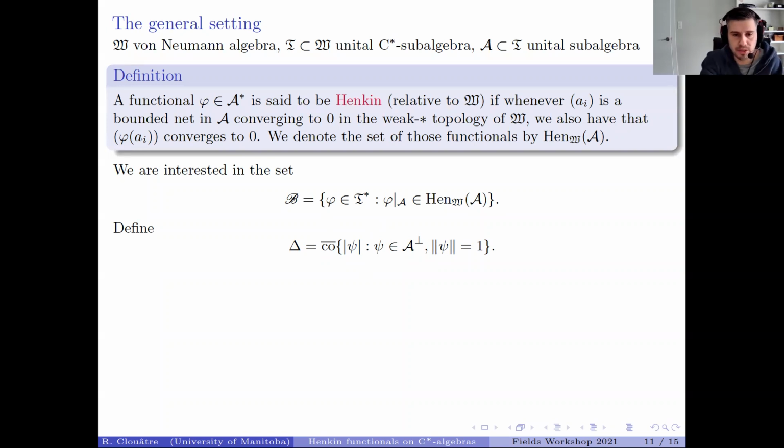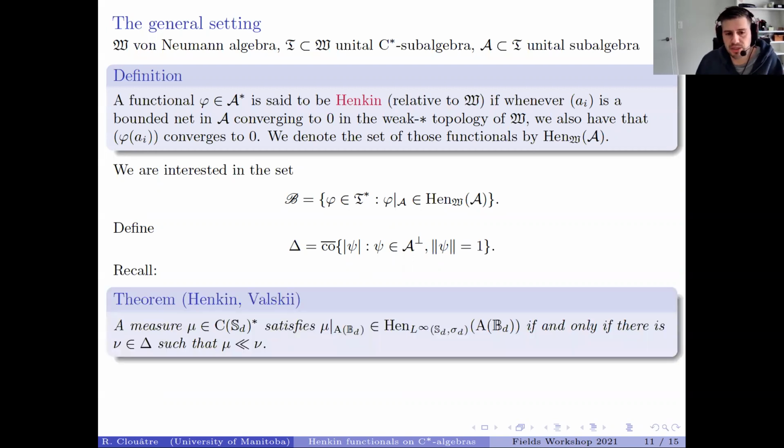Why is this important? Because using these symbols, I can reformulate something that we've seen previously. Recall what the Henkin-Valskii results told us for the ball algebra. Let me say it in words. A measure is Henkin if and only if it is absolutely continuous with respect to a convex combination of total variations of analytic measures.